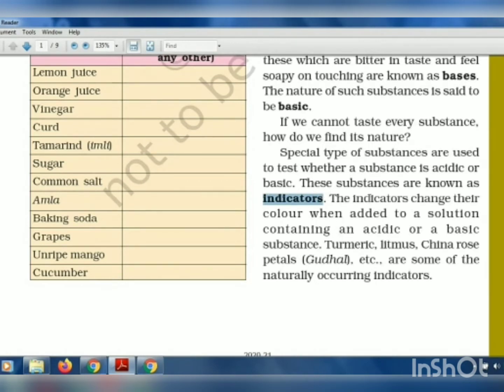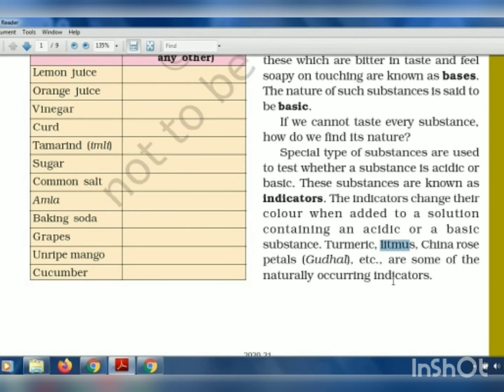So what do the indicators do? They change the color when added to a solution containing an acid or a base. The naturally occurring indicators are turmeric, haldi, everybody knows haldi. Then litmus, China rose petals, etc. are some of the naturally occurring indicators.